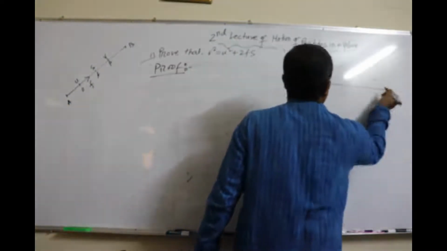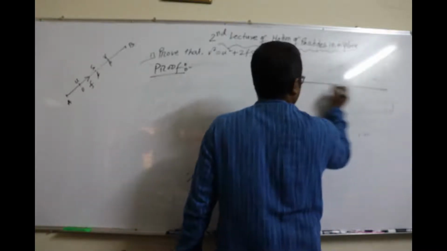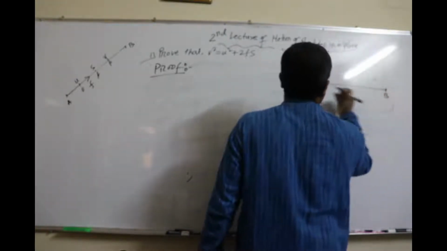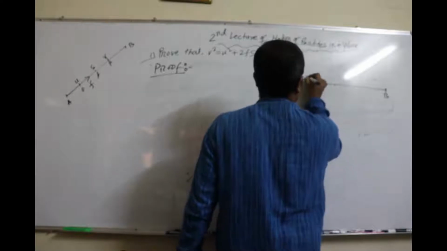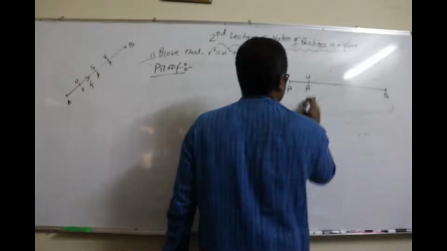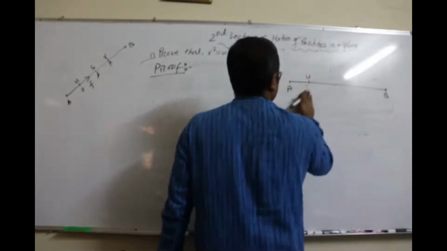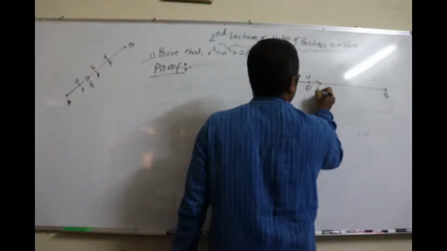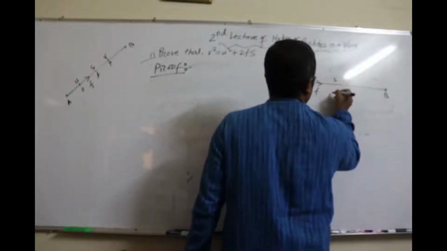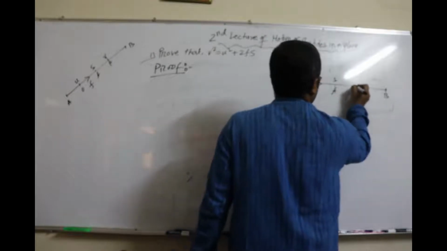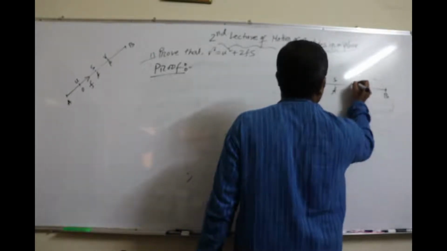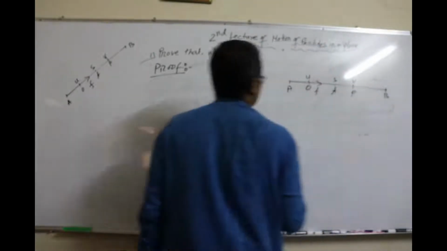Just I want to draw the figure here, along a straight line AB, initial velocity u, acceleration f, distance s and time t, velocity v at P.